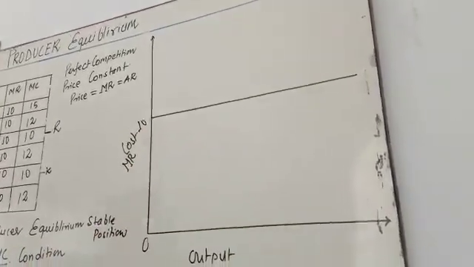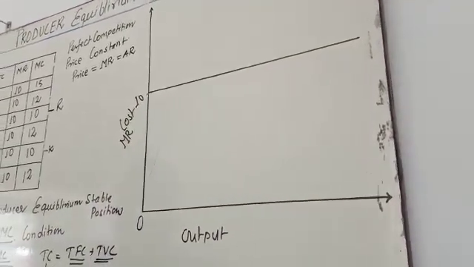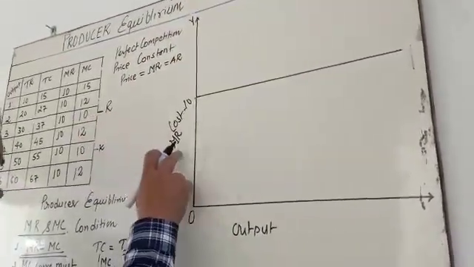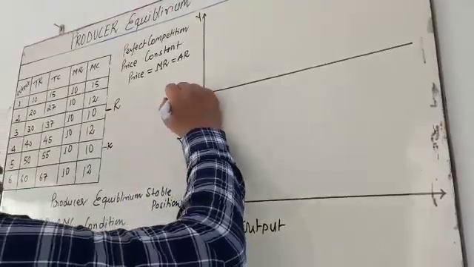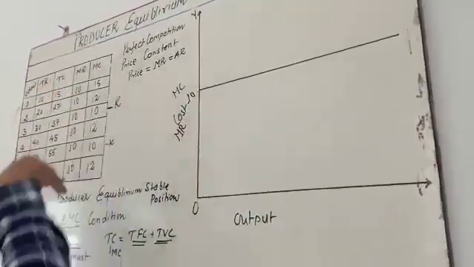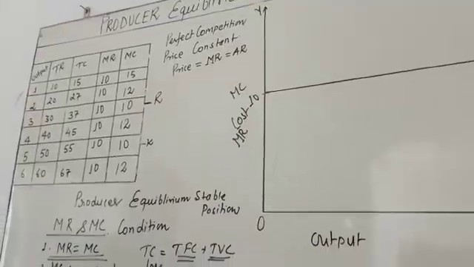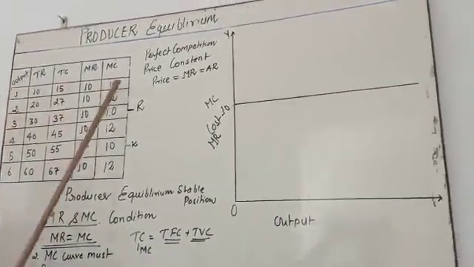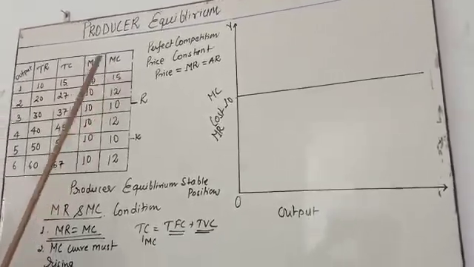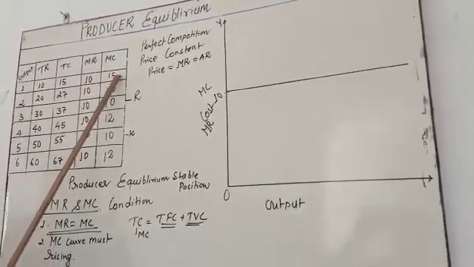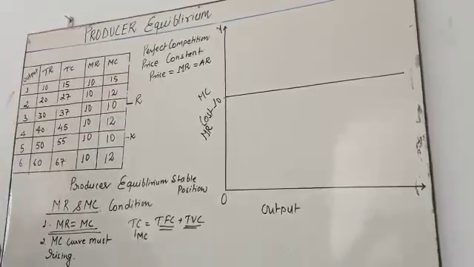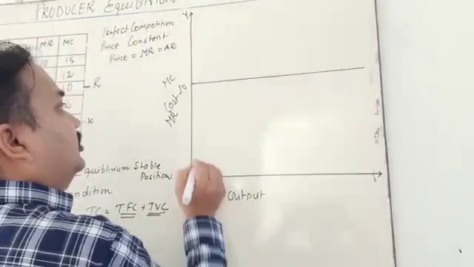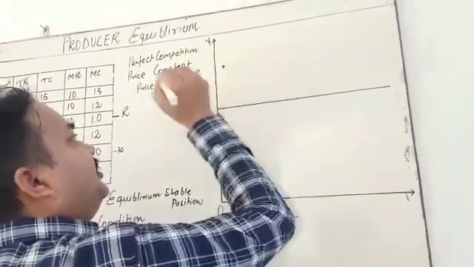In this graph, I am also showing the marginal cost. On the y-axis, I am showing marginal revenue as well as marginal cost. My dear students, you observe that marginal cost was very high when output is 1. The marginal cost is very high where the profit is very low; you can also say it is a condition of loss. Here output is 1 and marginal cost is 15 rupees.